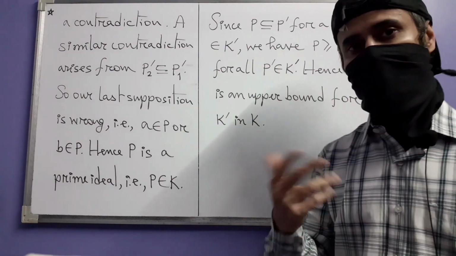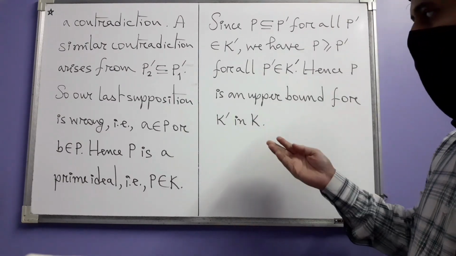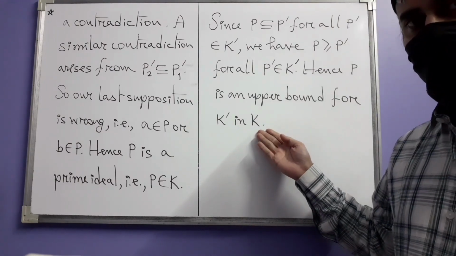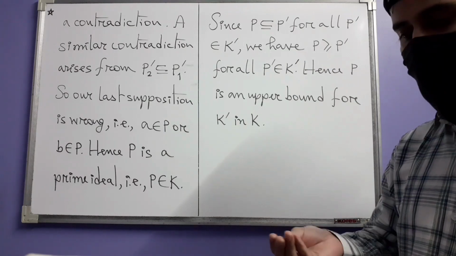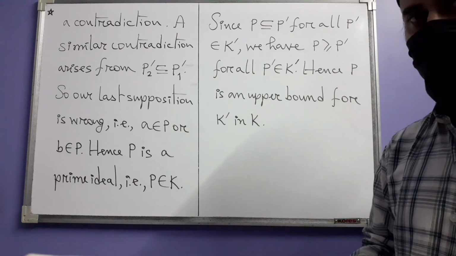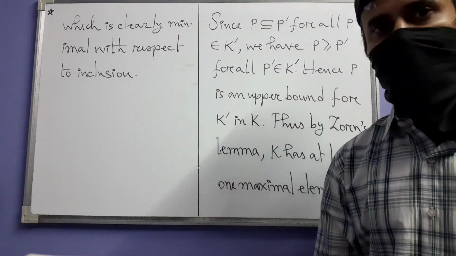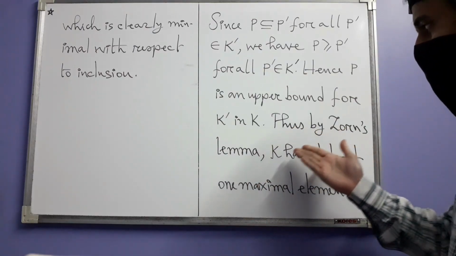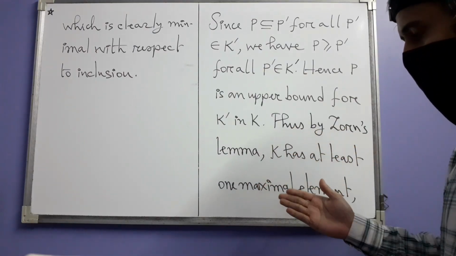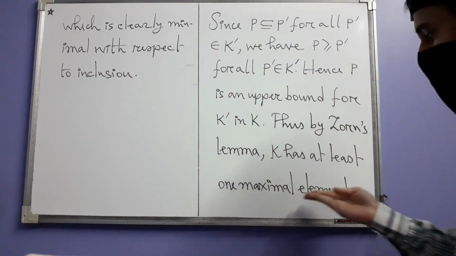So yes, now we can apply Zorn's lemma on the partially ordered set K, because every chain has been proved to have an upper bound in K. Thus, by Zorn's lemma, K has at least one maximal element.